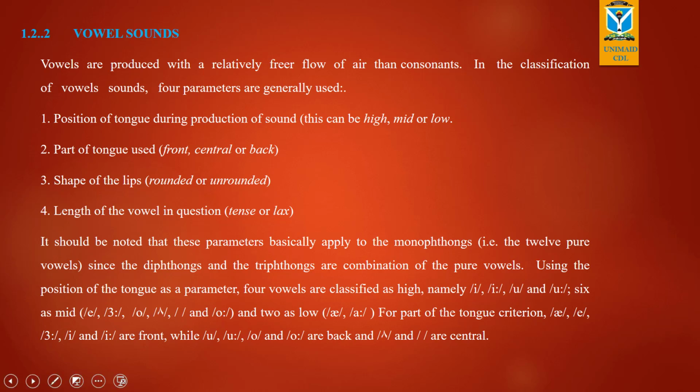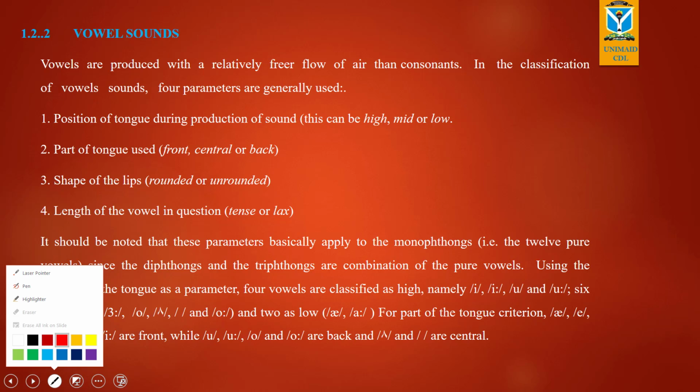Now, equally, we have the part of the tongue as a parameter. What makes part of the tongue important in the vowel description? The part you're using may either be front, center, or back.